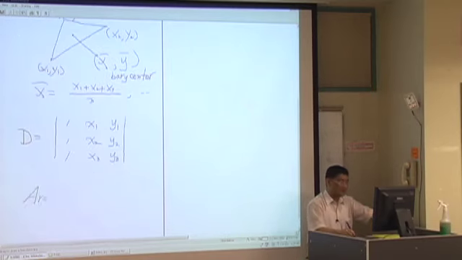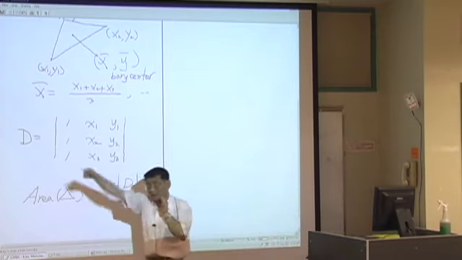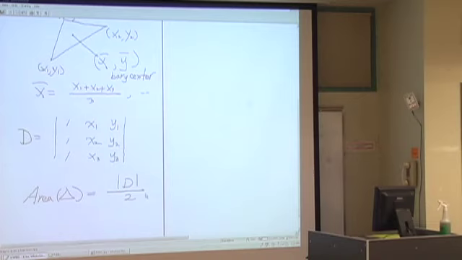The area of this triangle equals this, where D could be plus or minus. D is plus or minus the parallelogram, so we take the size, and then we have the area of the triangle. If you want to verify, calculate the cross product and compare the result.